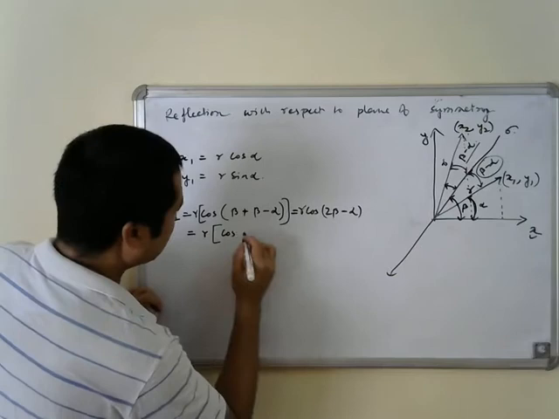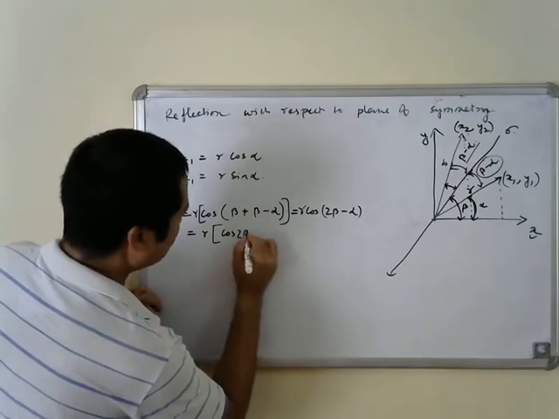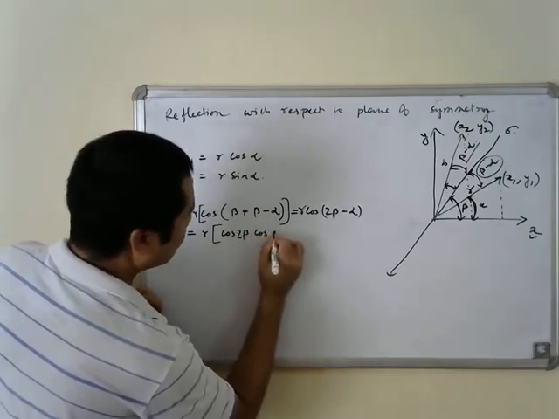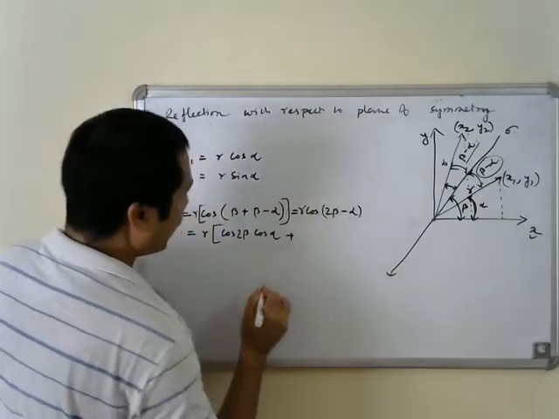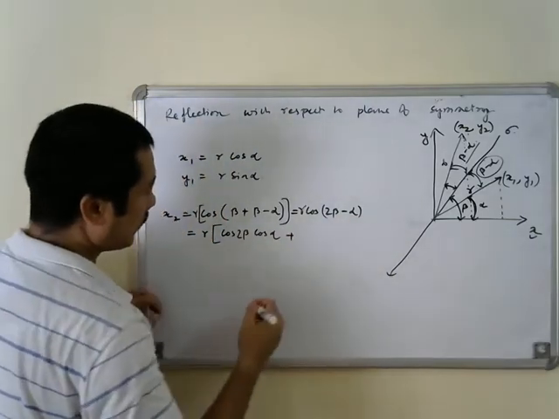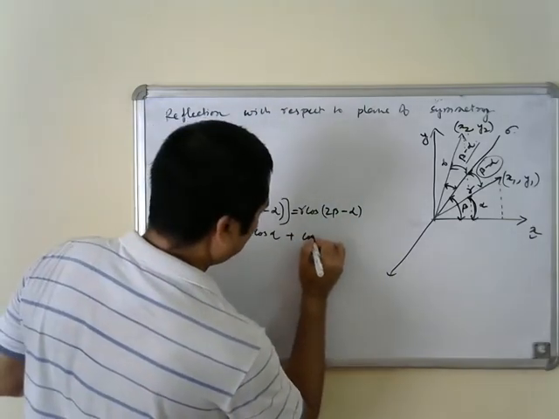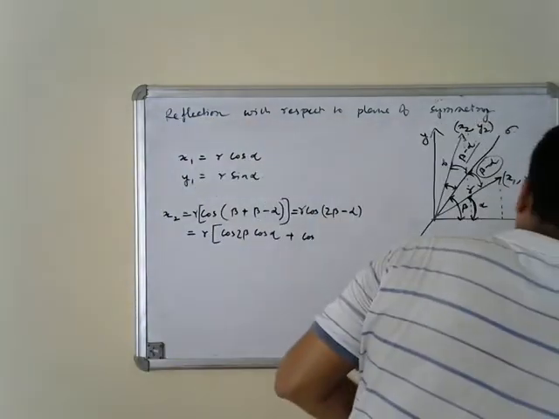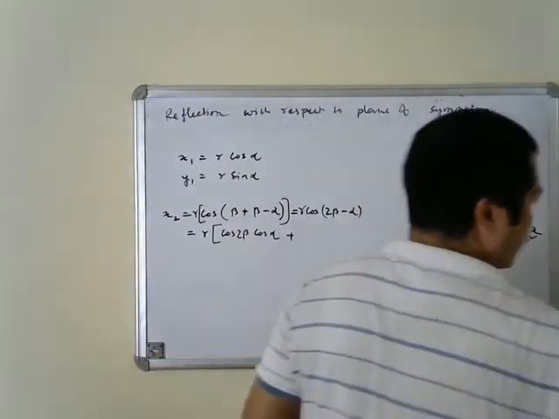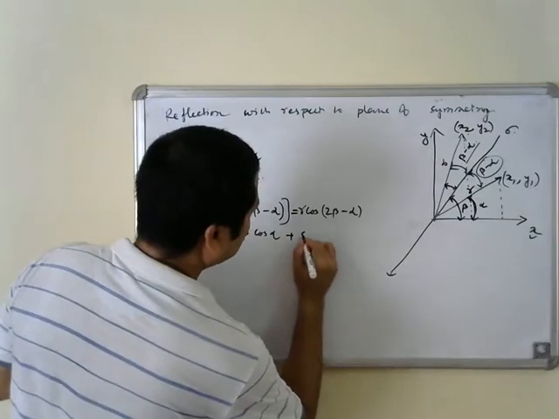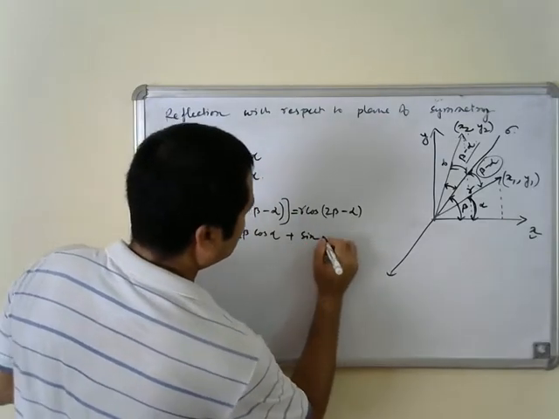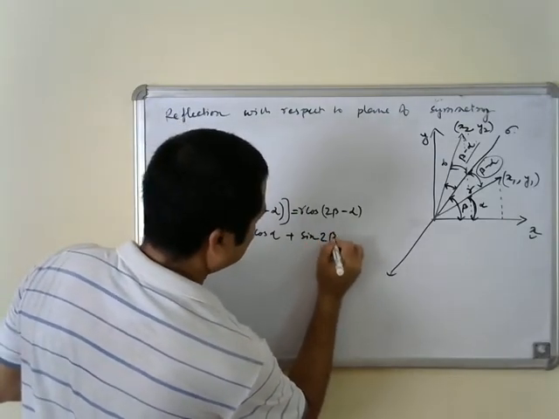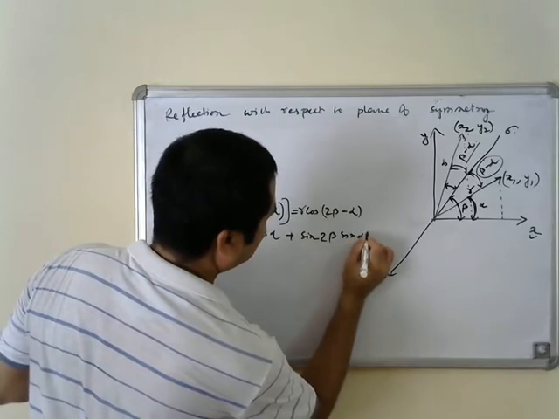If we expand this, cos a minus b gives cos 2 beta cos alpha plus sine 2 beta sine alpha.